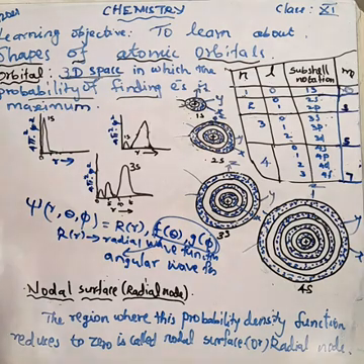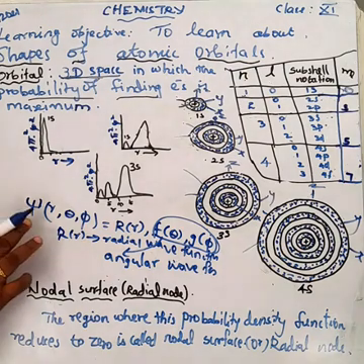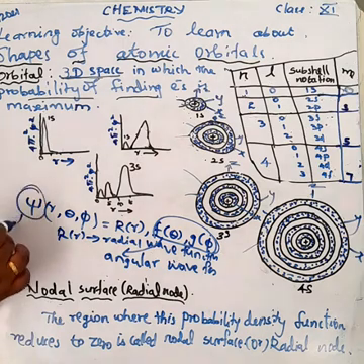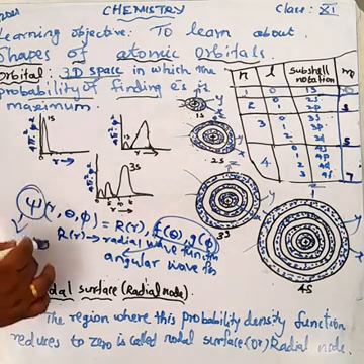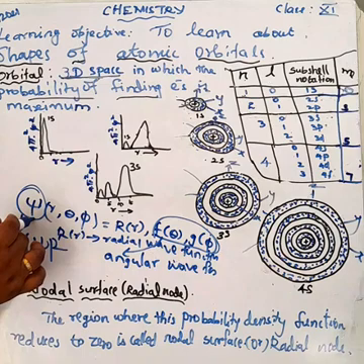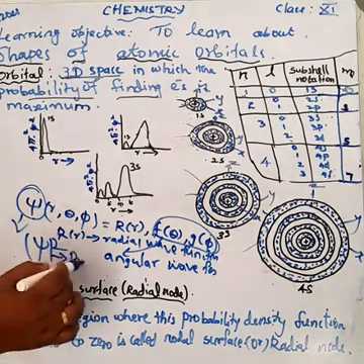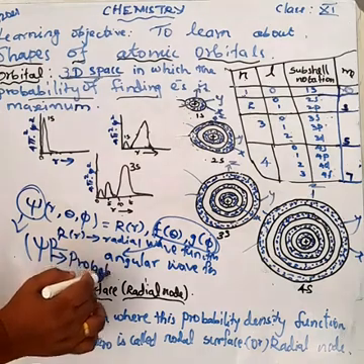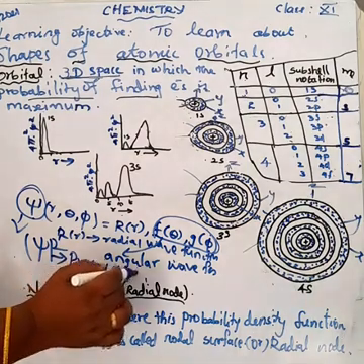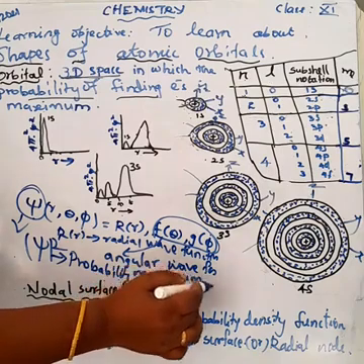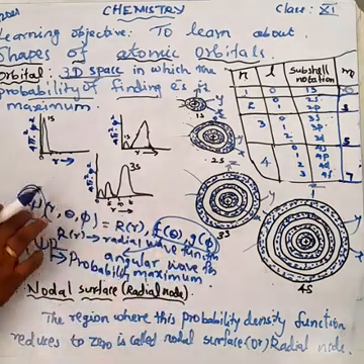As we know, psi is a mathematical expression, but it does not have any physical meaning or physical significance. But when we take the square of psi, from that we can find the region where the probability of finding electrons is maximum. The psi from the Schrodinger wave equation is the wave function.